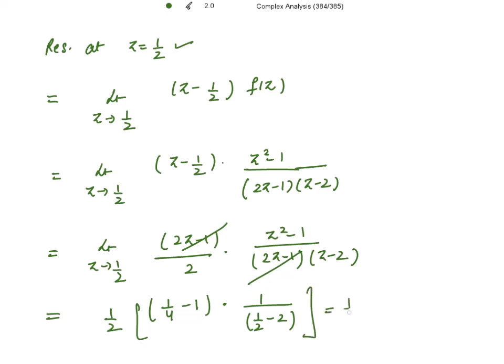So this gives further 1/2 into, okay, 1 by 4 minus 1 will be minus 3 by 4 into 1 divided by 1/2 minus 2, that is minus 3 by 2. So minus 3 cancelled out with this, 2 is cancelled out with this, and we have this to be 1 divided by 4 to be the residue at z equal to 1/2.